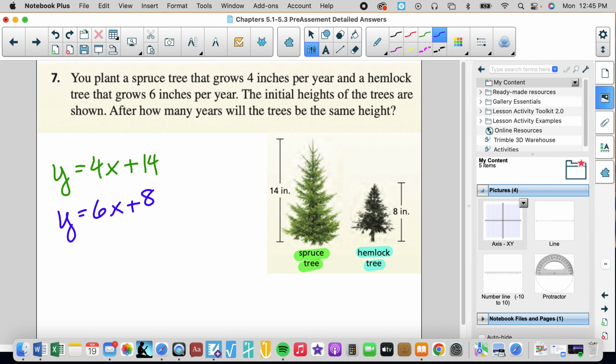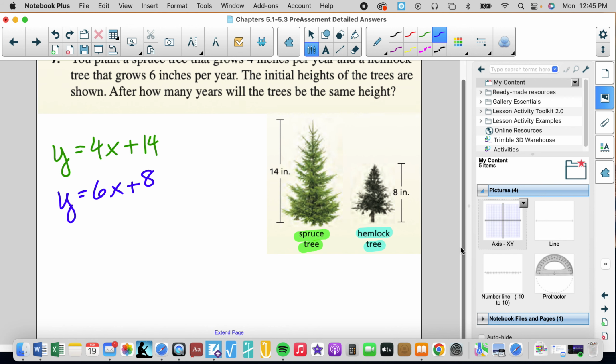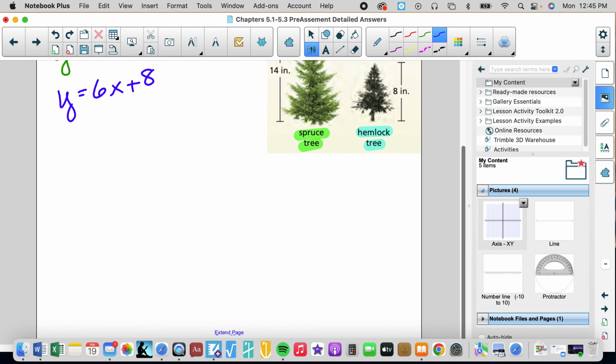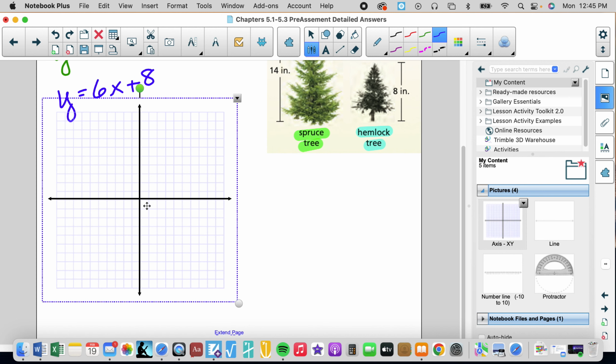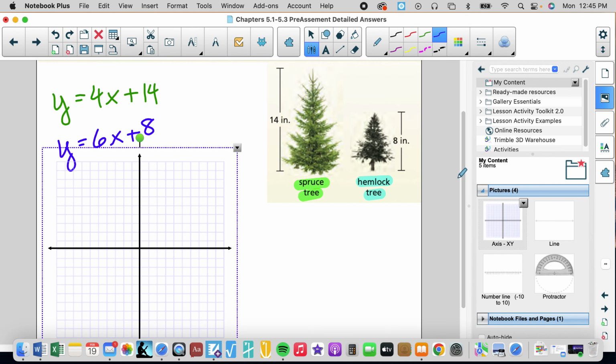Okay, you plant. The initial heights of the trees are shown. After how many years will the trees be the same? So what is the intercept? So we can graph them, and it would be the graph of its height. Height being in y, this is going to be y, which is height.